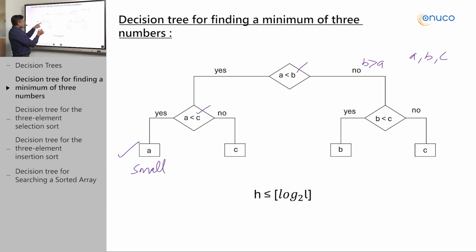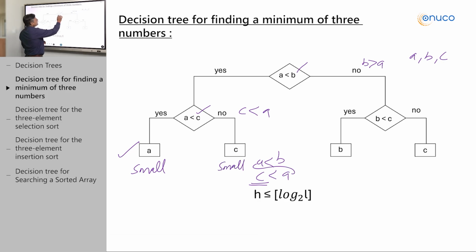If not, C is lesser than A. Now, if A is lesser than B and C is lesser than A, who is the smallest? C is the smallest. If you combine this, C is the smallest here.